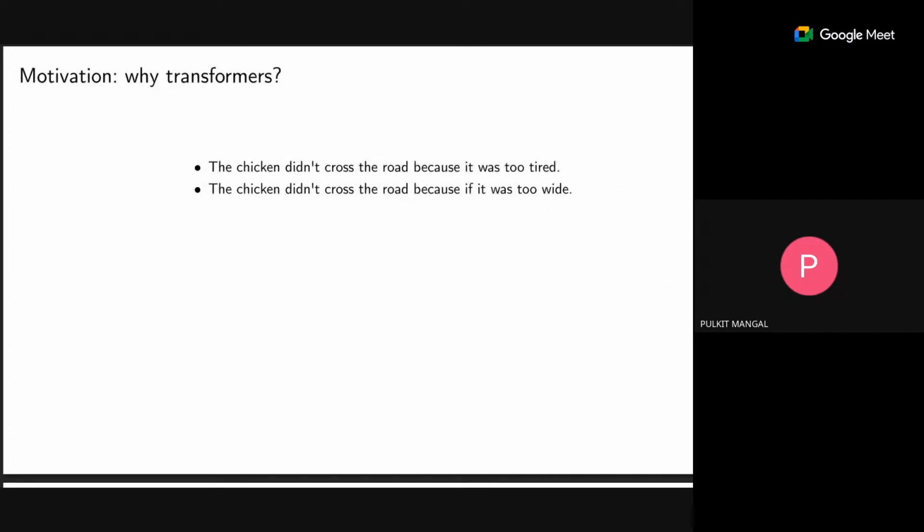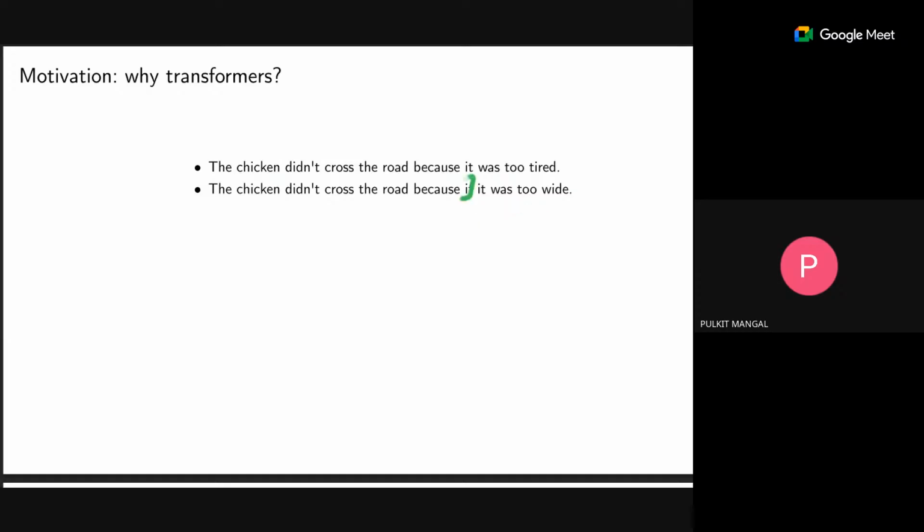So the motivation, like why we move to the transformer, we have already defined through the example that I also took before. Again, if I take the same example, suppose we have these two sentences. First one, the chicken did not cross the road because it was too tired. Second one, the chicken did not cross the road because it was too wide.